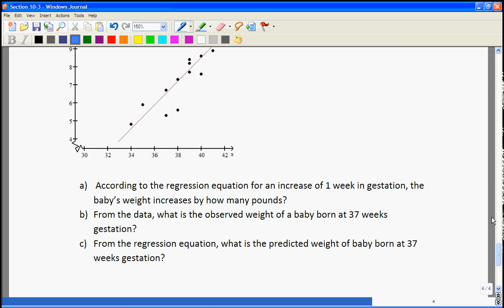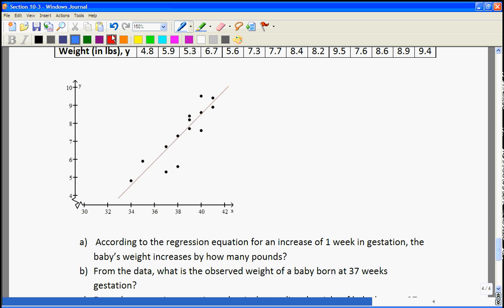A, according to the regression equation, for an increase of 1 week in gestation, the baby's weight increases by how many pounds? So this question is saying, for every week, so from 32 to 33, how much weight is the baby expected to gain?